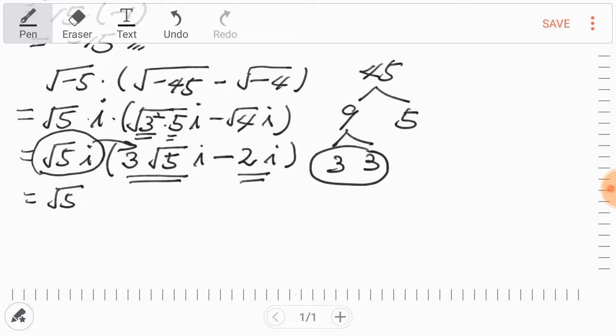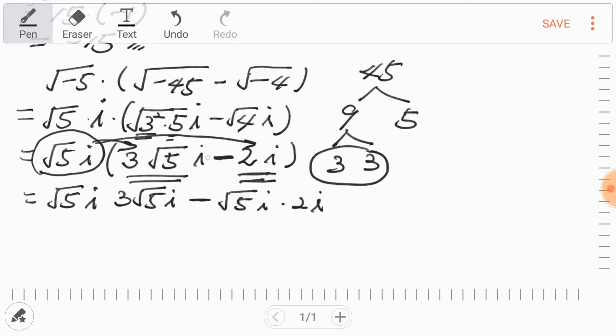So square root of 5i times 3 square root of 5 i, minus, multiply these two, square root of 5i times 2i. This is 2i, not negative 2i, because this minus sign is used up here. Then multiply the numbers followed by i's.